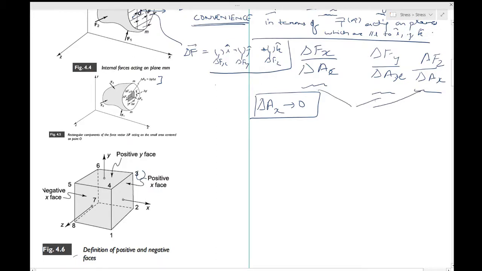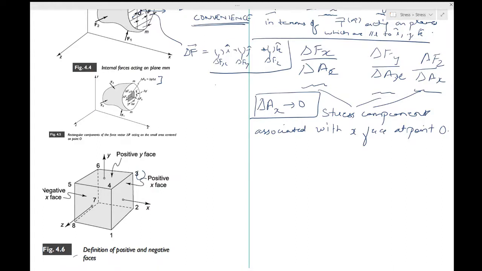They are called the stress components associated with the X face at point O. Remember, the point and the orientation of the face, both of these two quantities are always needed.